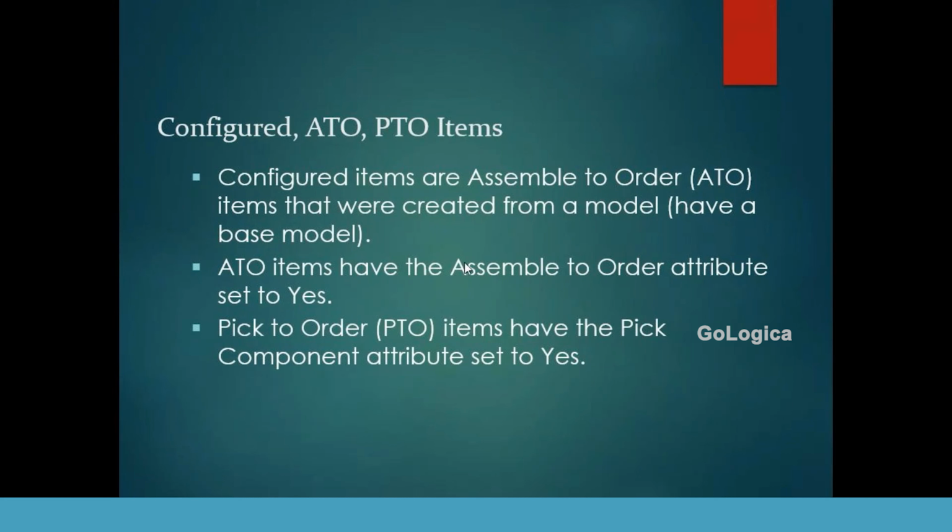It's a part of the model, but we are selecting it as a different combination. Those are called configured items. ATO items are those with the assemble to order attribute set to yes. And for PTO, we have the pick components attribute set to yes. So this is a major difference between PTO and ATO.